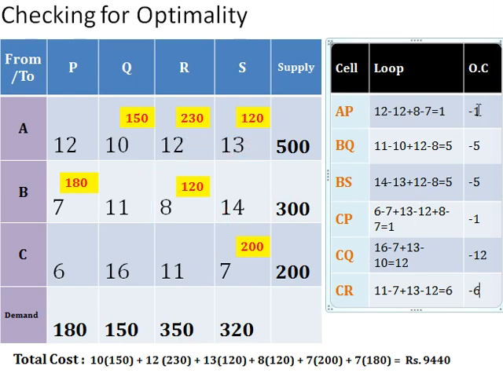So as you can observe, we have all the opportunity cost over here are negative, and hence no further iteration is possible. There is no further modification can be done, and hence this is our final optimal solution, which we have obtained by using a stepping stone method.